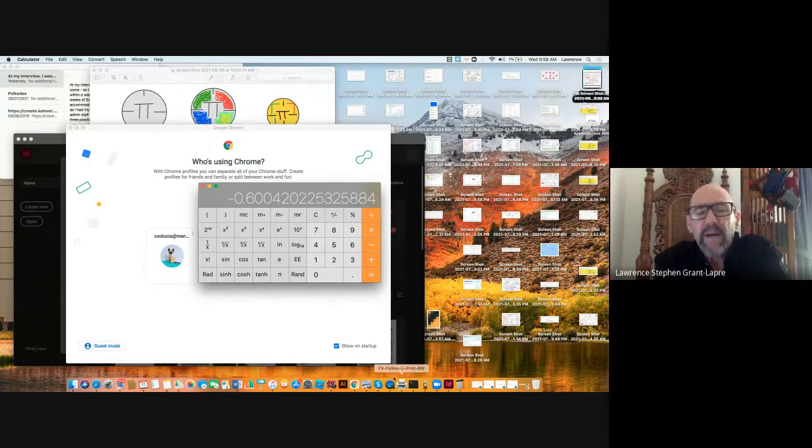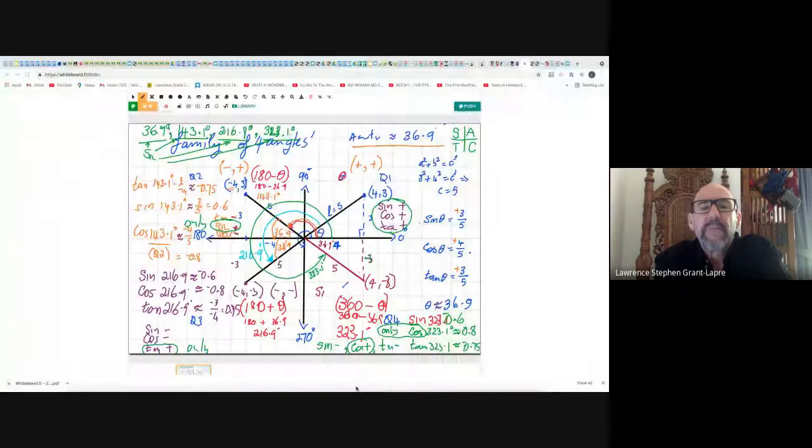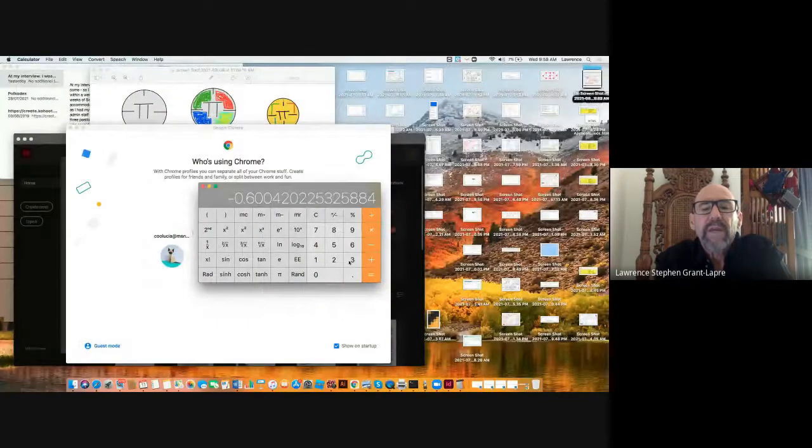All right, finally, I want to do sine of 323.1 degrees. Sine, same number. Opposite divided by hypotenuse. It's the same triangle. It's -3/5. It's negative because it's the fourth quadrant.